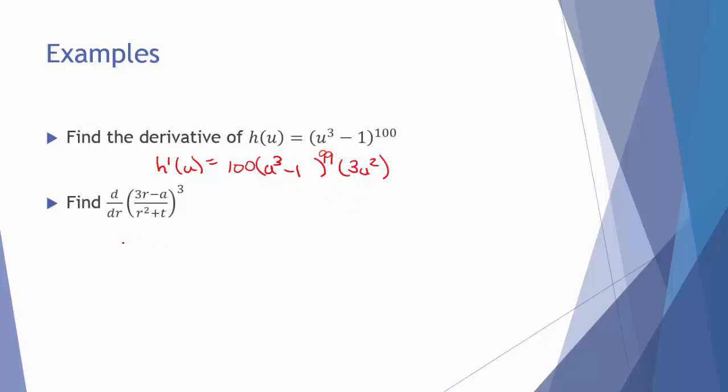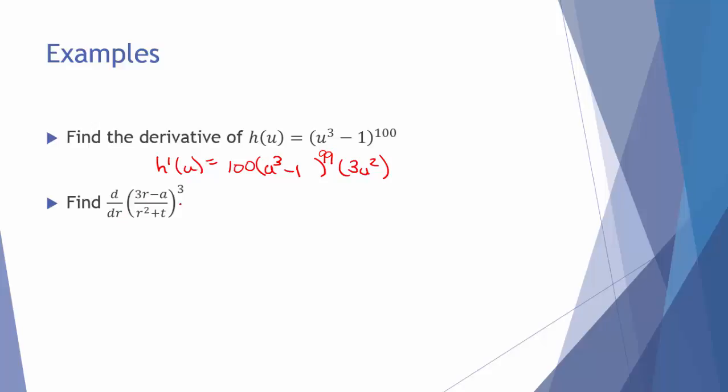Let's also find d/dr of 3r minus a divided by r squared plus t, raised to the third power. And I have purposely included a lot of extra variables in this because it's important to keep an eye on which letters represent variables and which letters represent constants. Since this derivative is with respect to r, the only variable in here is r.